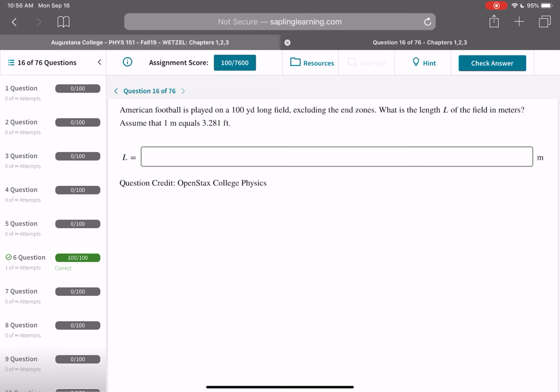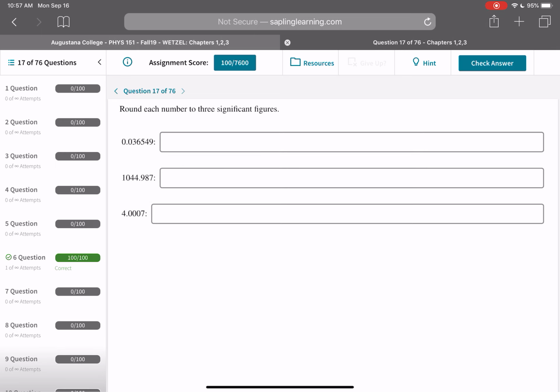Football is on a 100-yard field. What is the length of the field in meters? Okay, so you know it's 50 yards to the middle, but that's not exactly what a meter is, so you do 100 yards, convert that into feet, 3 feet in a yard, and then once you have feet, then convert it into meters.